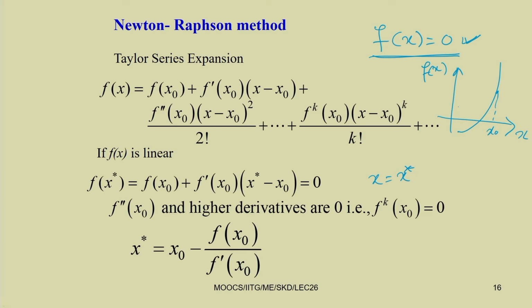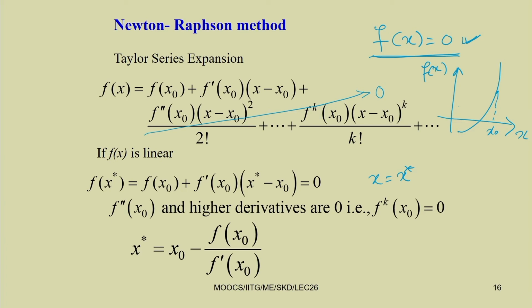Now, as the function we are taking is linear, the first derivative will be constant, and the second derivative and higher order derivatives will be 0. So, these parts will be neglected, this whole part will be 0. So, we will be having only the first two terms.